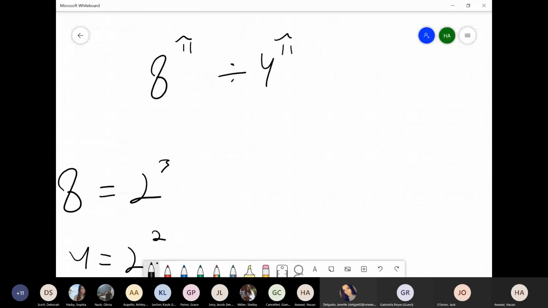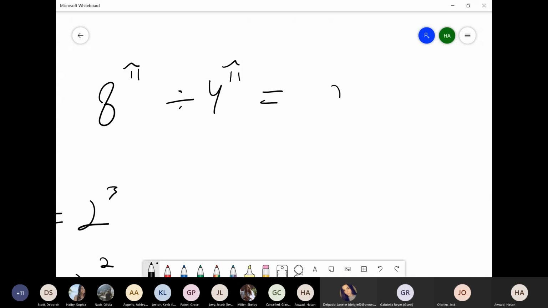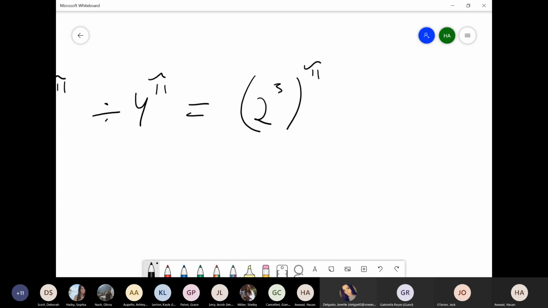So this is really the same thing as 2 cubed to the pi, and we're dividing 2 squared to the pi. Okay, and what did we just talk about as far as exponent rules? When we have a base raised to one exponent, raised to a second exponent, you can just multiply the exponents together, right?